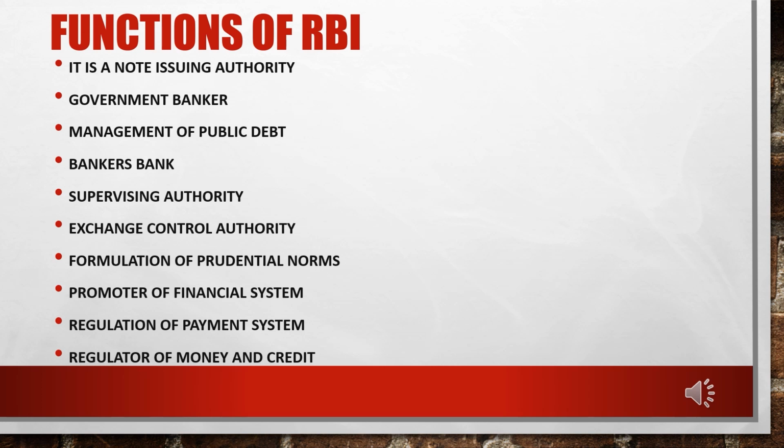By going through the process, they have to see whether these particular entities are able to do banking operations or not, right? Banking business or not. So keeping those things in mind, it can issue licenses for the establishment of new banks. Even when any bank wants to set up a new branch, the Reserve Bank of India provides the license, and the license is given after a thorough process, checking whether the banks are fulfilling these criteria or not.